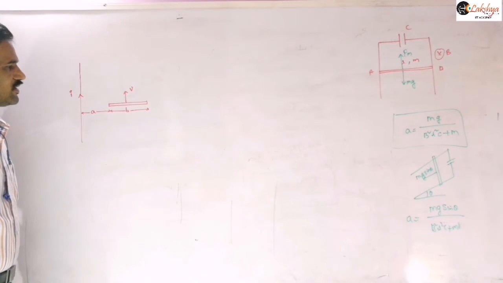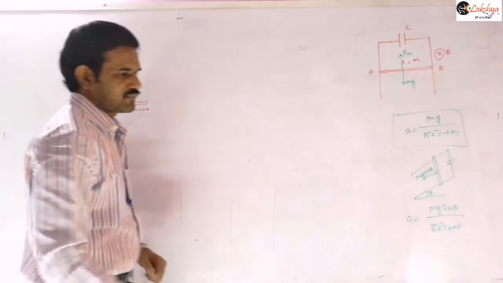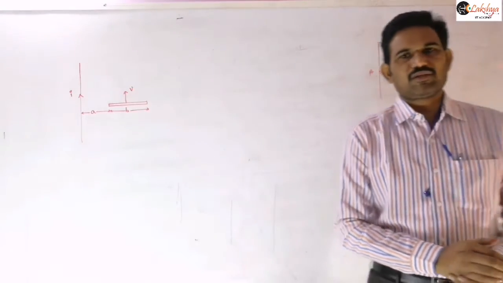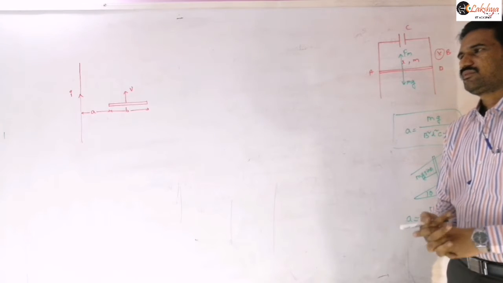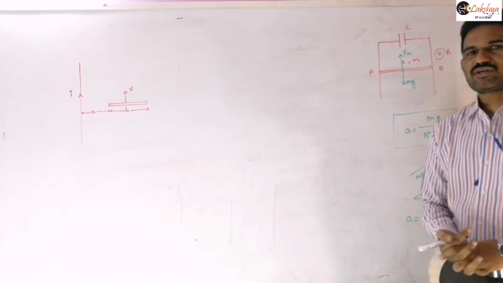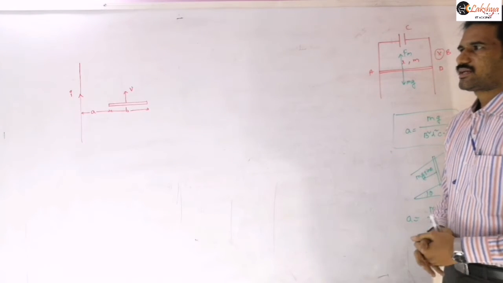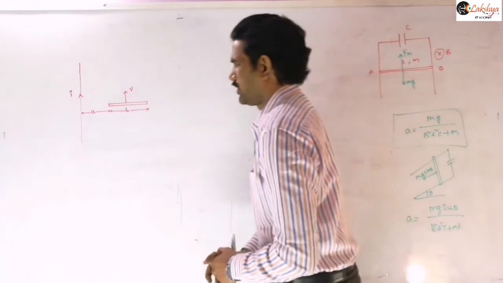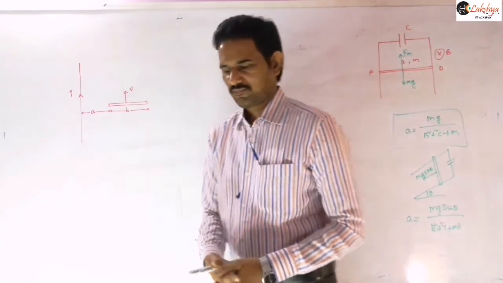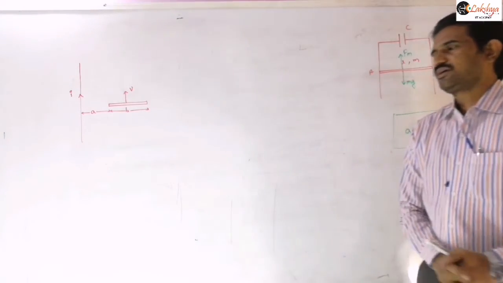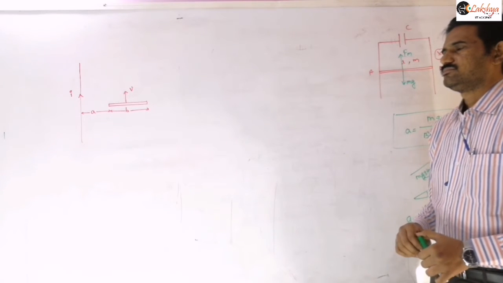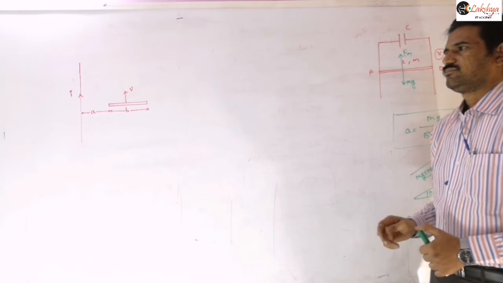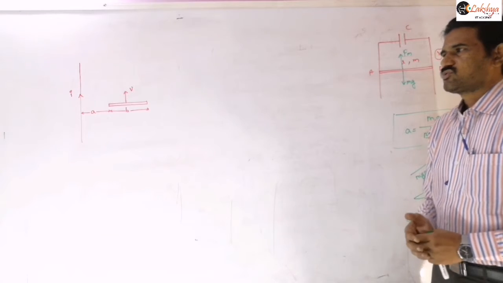A rod of length b is placed perpendicular to a long current carrying conductor, carrying current I, as shown in figure.